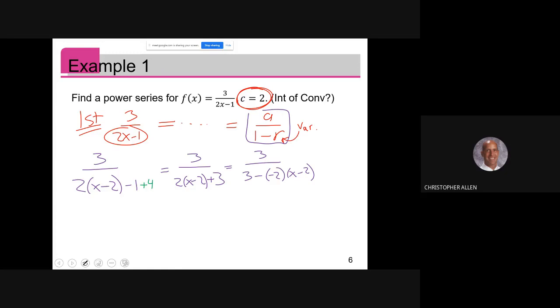The last piece that I need to do manipulation-wise to get this to look like this is I need to change this 3 somehow to a 1. Okay? So how do we do that? Well, we're going to divide through by 3. Okay, so this is going to give us, in fact, I'll show all the work on this step just to make sure everyone understands what happened.